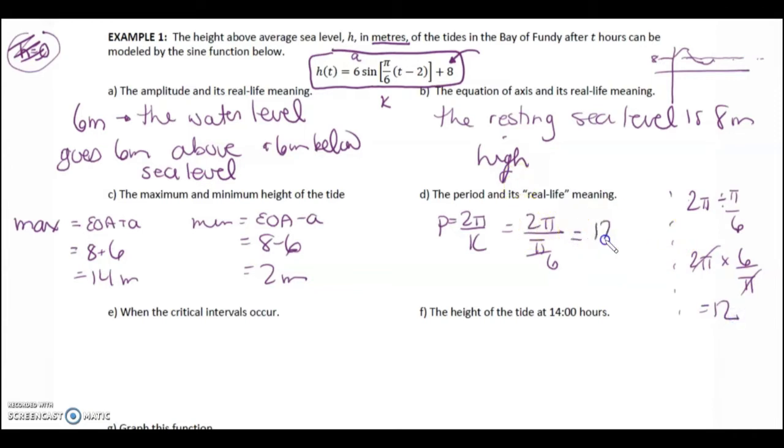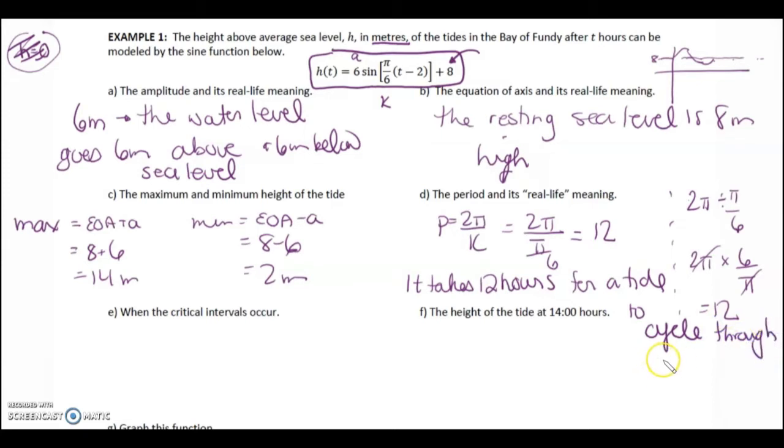So what is the real meaning of 12? It takes 12 hours, and this is like a real life thing, for a tide to cycle through. Let's go from high tide to high tide.